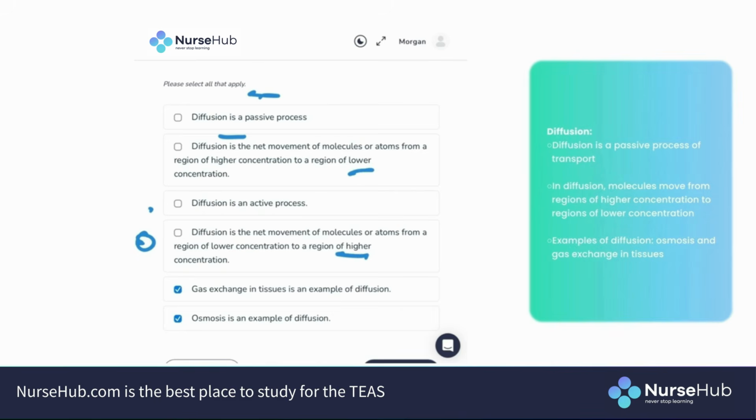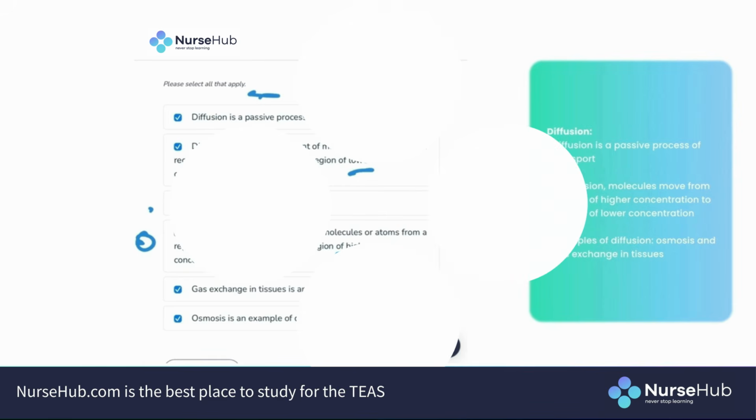So this answer choice is not correct. Instead, this one is the correct answer. Diffusion is a passive process. It happens without any need to act on it, any force exerted on it. It happens naturally. So again, diffusion is an active process. We can eliminate that one as a correct answer.